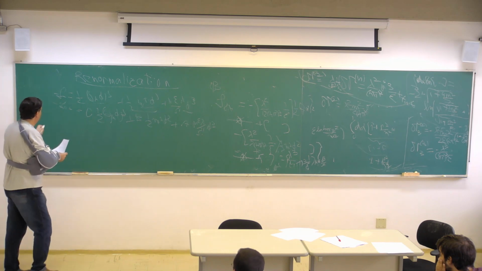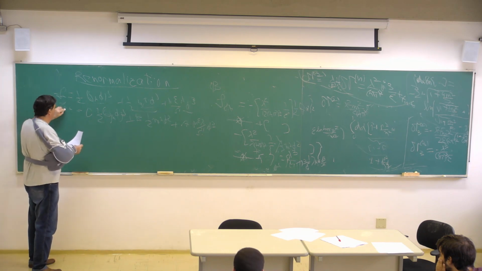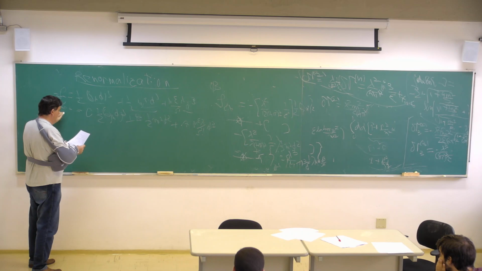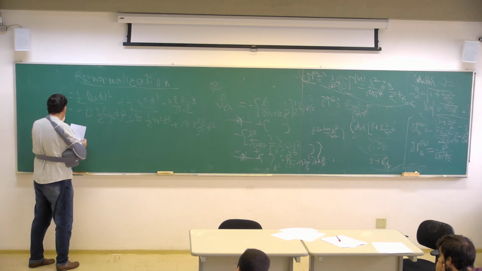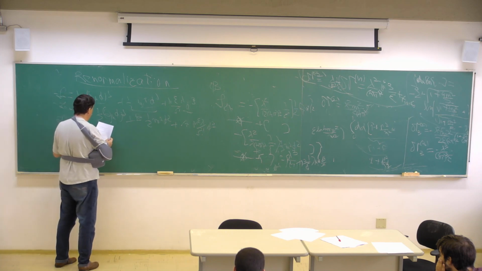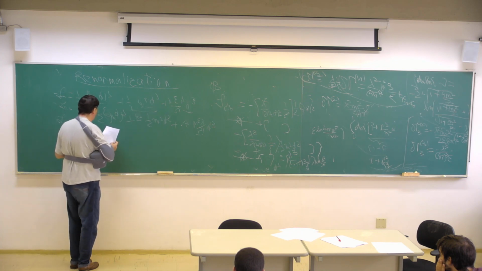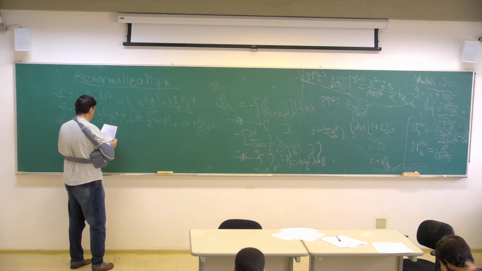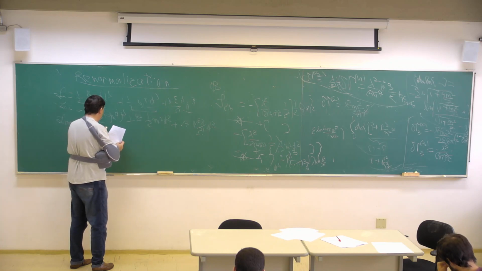All right, so we have the Lagrangian and the counterterm Lagrangian. And then we define the renormalized Lagrangian as the sum of the two.